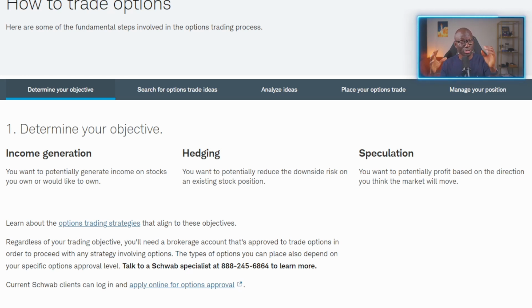And if for any reason the stock itself does not get to the price that you've predicted or agreed to, then that contract, depending on the strategy, expires worthless. You get to keep your stocks, and you get to keep the money. Of course, the person on the other side of the trade loses that money.